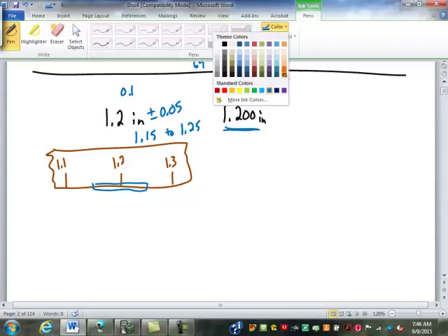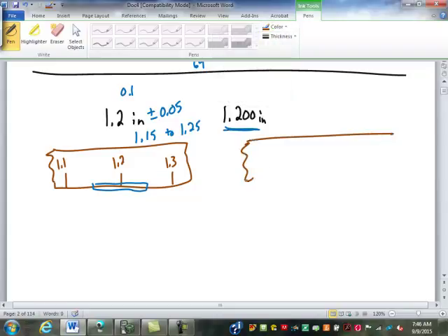This one over here is implying, I'm not even sure if I can draw this out tight enough to get those marks in there, but there's no way I'm going to get them all in there. This is implying that it measures down to the thousandth of an inch.